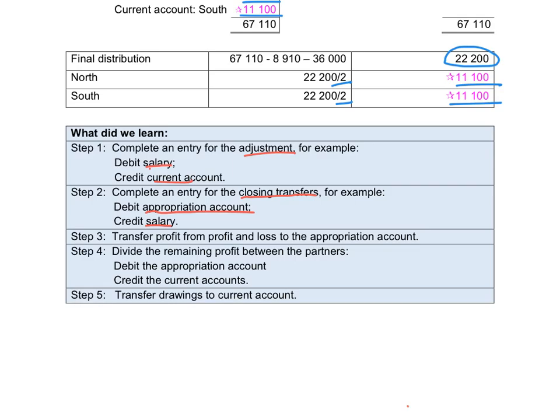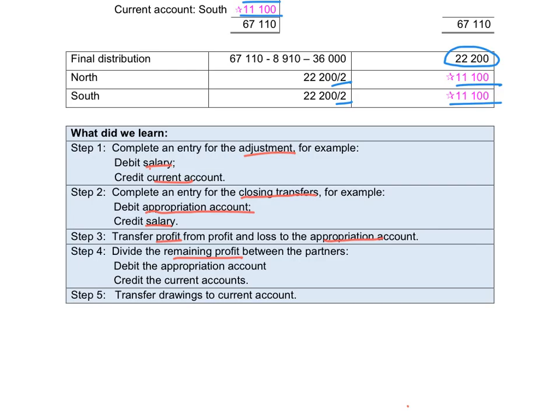Step 3 is to calculate the profit that was in your profit and loss, transfer it to your appropriation account. Then you will look at the remaining profit in the appropriation account. So you will take the profit less salary less the interest on capital to determine how much profit is left over, and we will divide it between the partners in their profit sharing ratio.